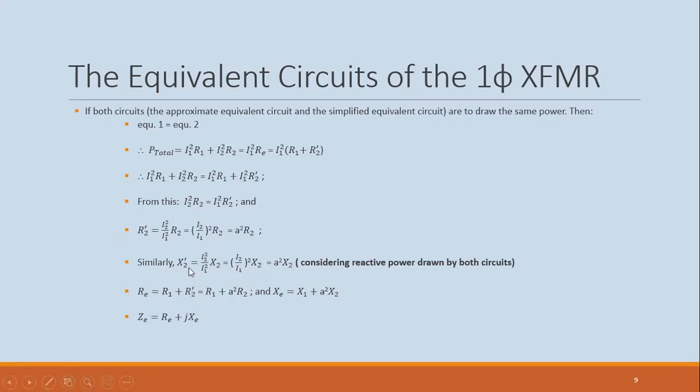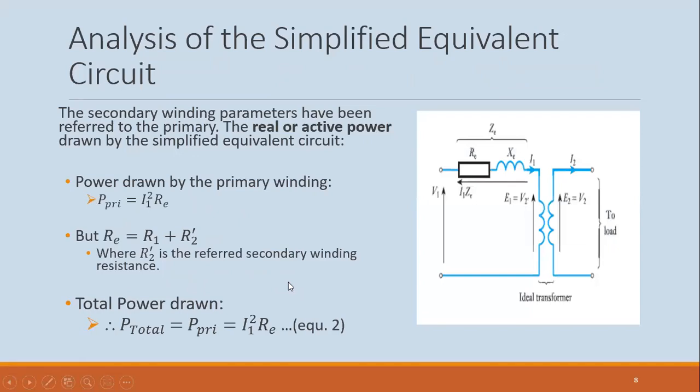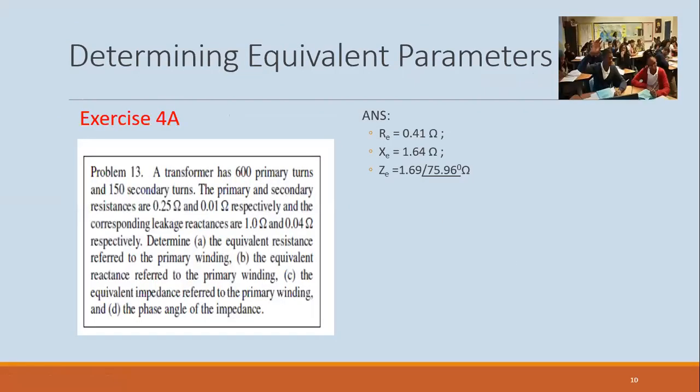What's important is that when we're moving from the secondary to the primary, we multiply by the turns ratio square, and when we move from the primary to the secondary, we actually divide by the turns ratio square.